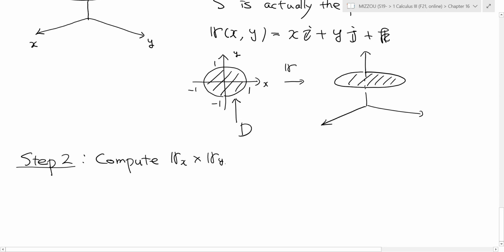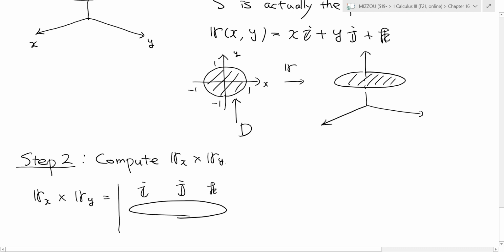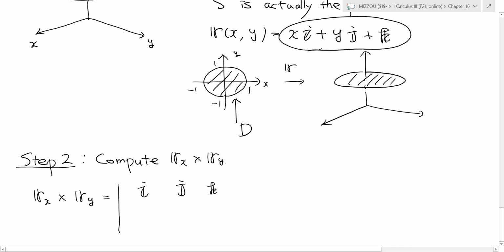In this case, once you get used to it, you can just do it like this. i, j, k, put i, j, k. Then for the second row, what you have to list is the derivatives of those with respect to x. So you differentiate each of those by x. If you differentiate x with x, you get 1. If you differentiate y with x, you get 0. And if you differentiate 1 with x, you get 0.